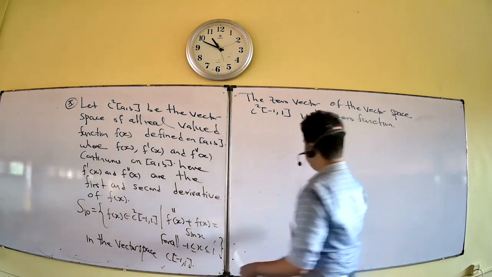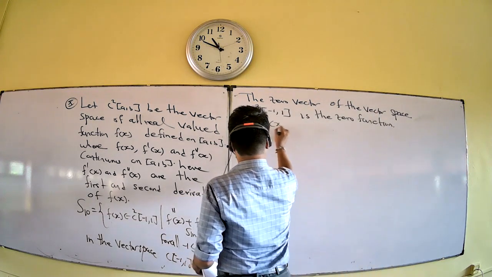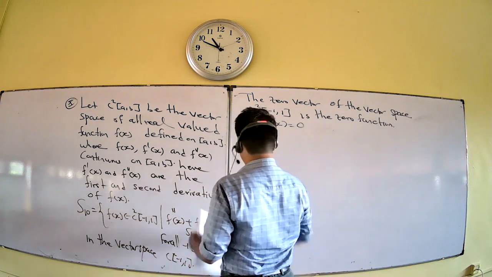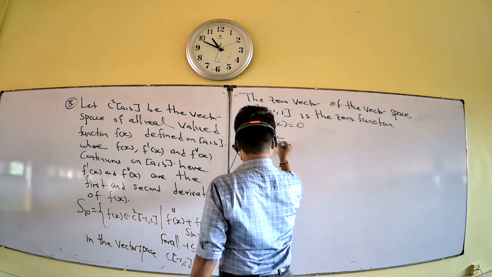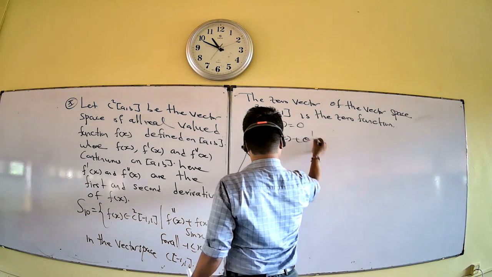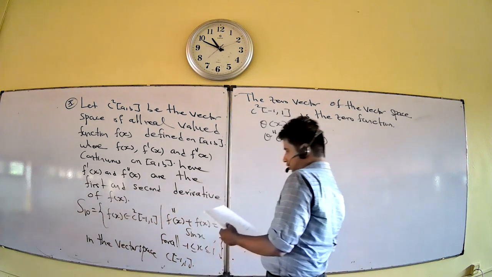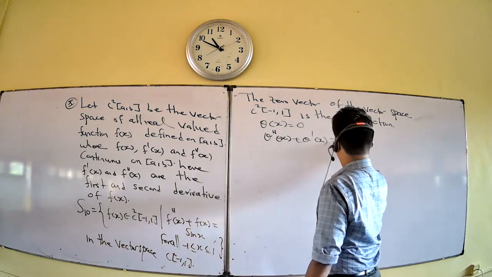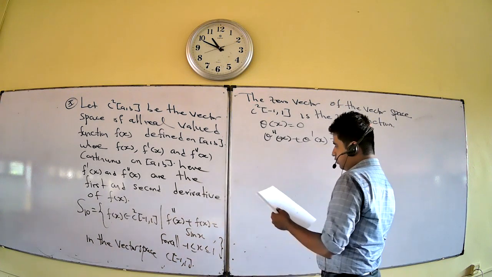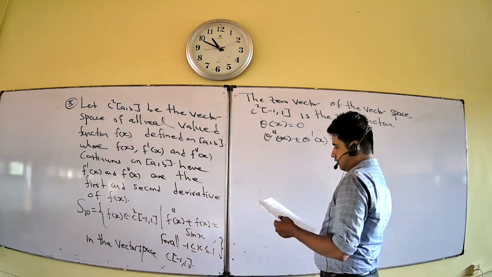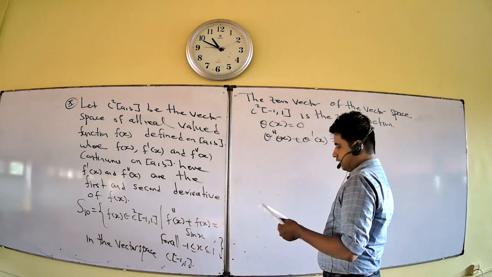That means you can take theta of x as the zero function. What about theta double dash of x and theta dash of x? Both are zero. It's not possible here to equal sin x, no? Sin x is not a zero function.